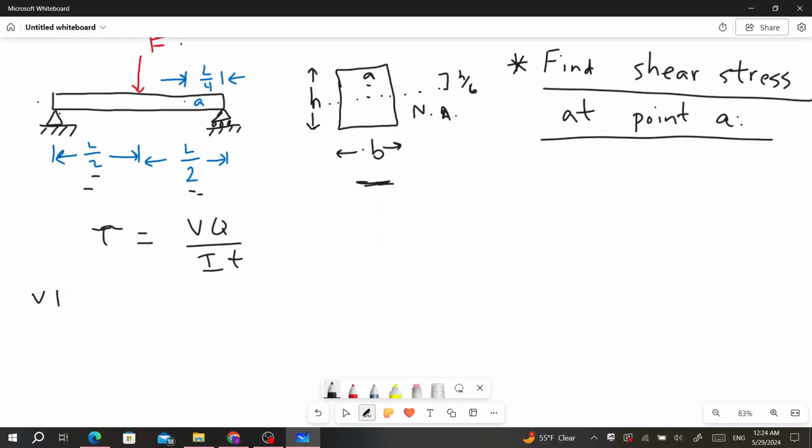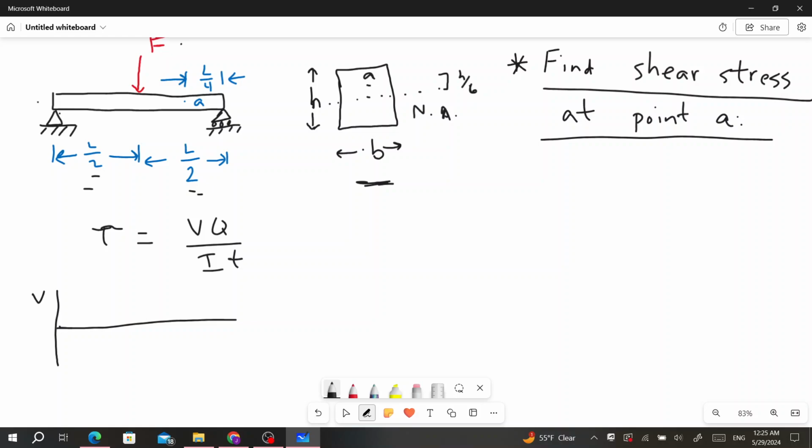We'll use a shear diagram to find V. Just by inspection, I won't go through actually doing the force balance. You should know how to do that from statics, but from inspection, we know that we have support reactions of F divided by 2 at each of these supports.